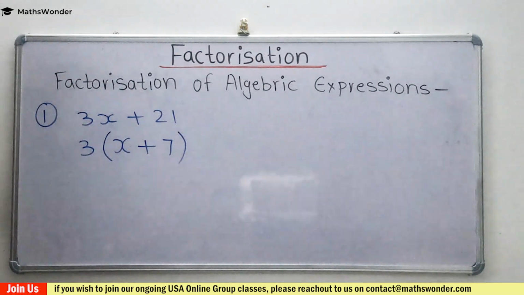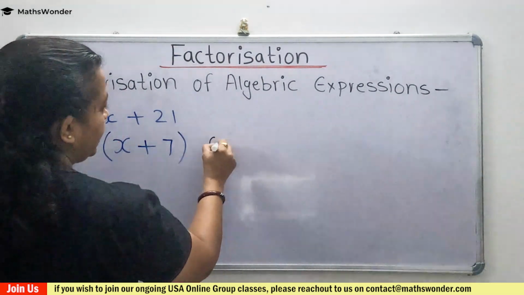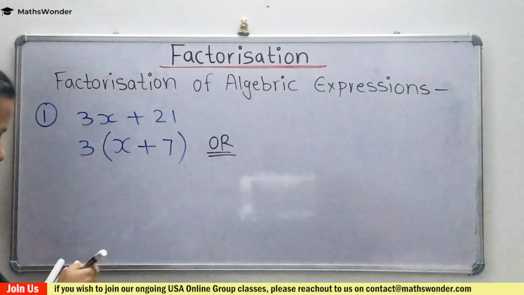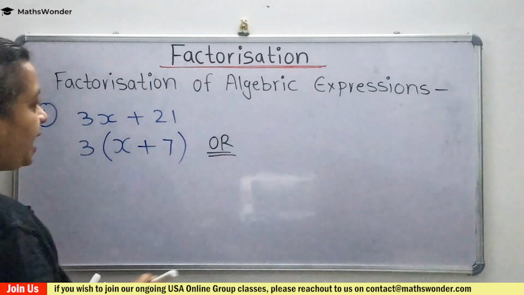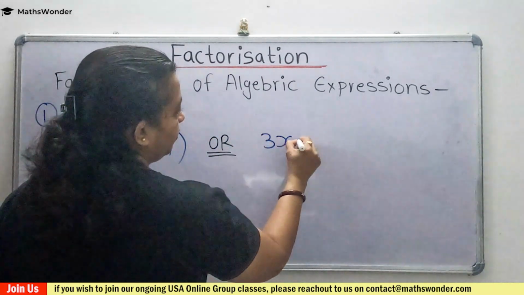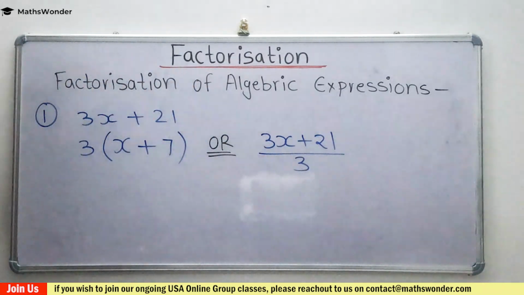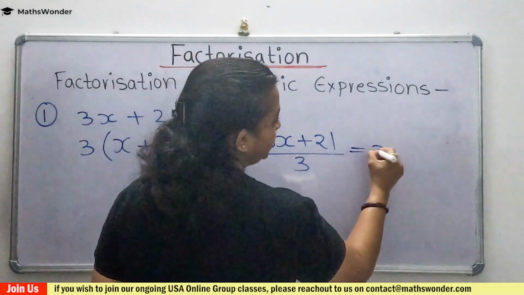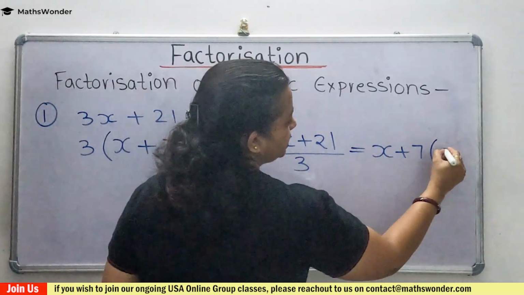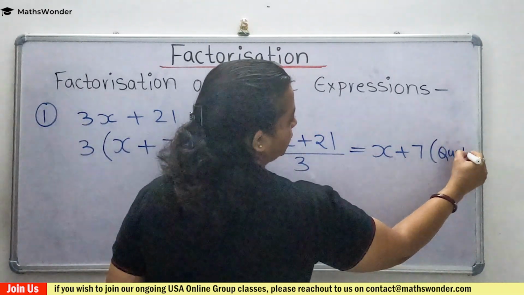quotient. Or you can write it the other way also. Suppose 3x plus 21 over 3. Whatever common number is here, you can write it in the denominator. So your quotient is x plus 7.